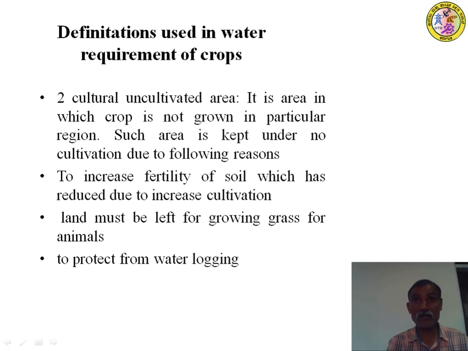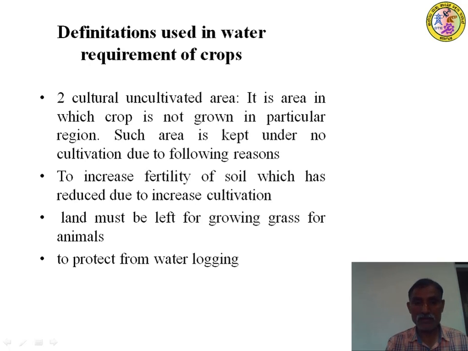For rotation of the crops, you might have heard the word rotation of crops, some area is left for not growing crops, and you are not using water for that area. The fertility which has reduced due to increased cultivation is restored by keeping the land open to the sunshine and other things.